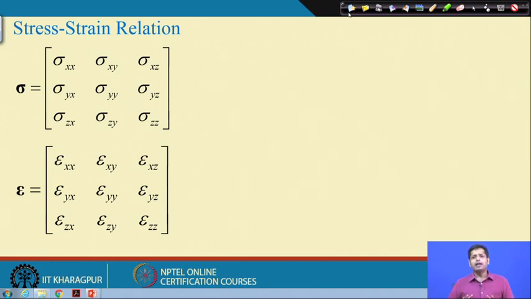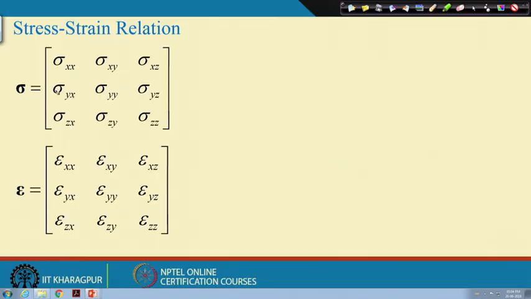So, where do we stand now? If a material is subjected to some kind of threat, then as a response to that threat, stress and strain are essentially two responses. The difference is that, unlike stress, strain can be perceived, it can be visualized through the senses that we have, but the two are the responses of the material to a threat.